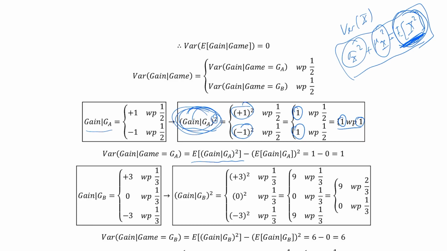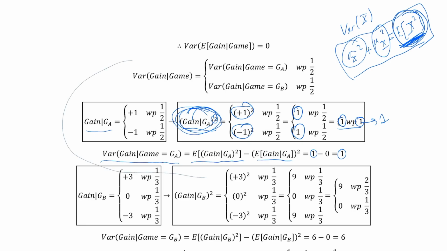Okay, so this is it, and its expectation is 1. Here we write it that way, and we know that the expectation of gain, given that it's game A, was 0, and 0 squared is 0. So at the end, the variance of gain given game A is 1. Okay, so let's continue.